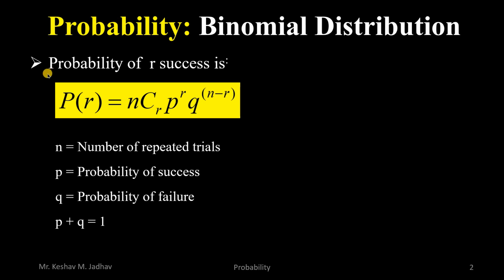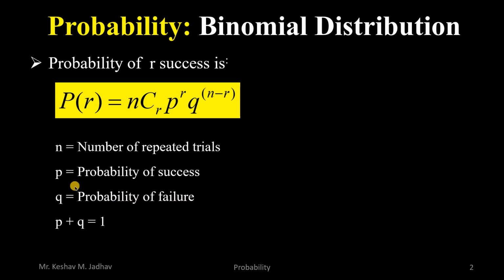To calculate the probability of binomial distribution, let us consider we have to calculate the probability of r successes. So P(r) is equal to nCr p^r q^(n-r), where n is the number of repeated trials, p is the probability of success, and q is the probability of failure.